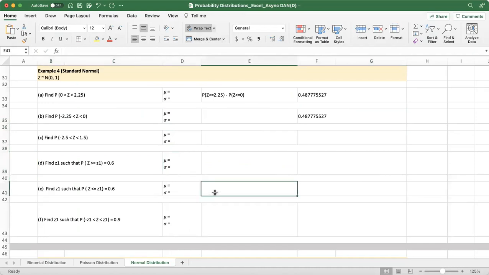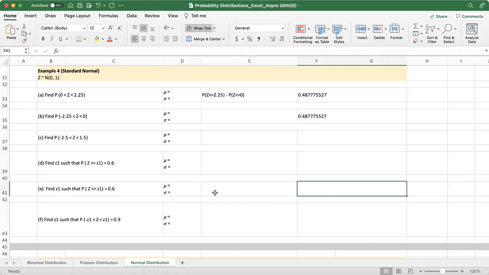Now we have to do the reverse here. We're given the probability value and we have to find the specific point in the normal distribution. So we have to find Z1 such that the probability of Z being less than or equal to this point is equal to 0.6. Meaning we have to find the point Z1 such that the area to the left of that point is equal to 0.6.